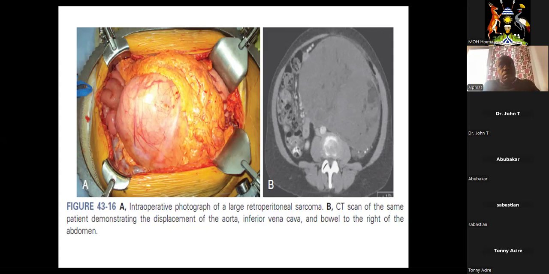Then we have seen patients who have chronic obstruction of the ureters, maybe following a C-section. Some of these patients tend to develop retroperitoneal fibrosis. Although usually by the time we intervene to operate on them, we usually operate during the camps, maybe within 1 to 3 years, the fibrosis has not spread so much.